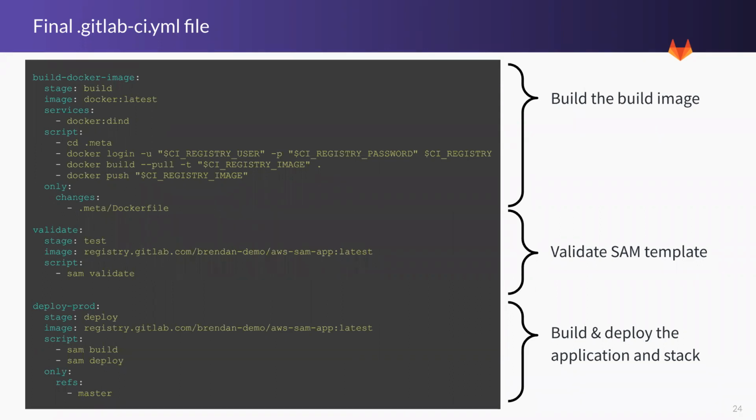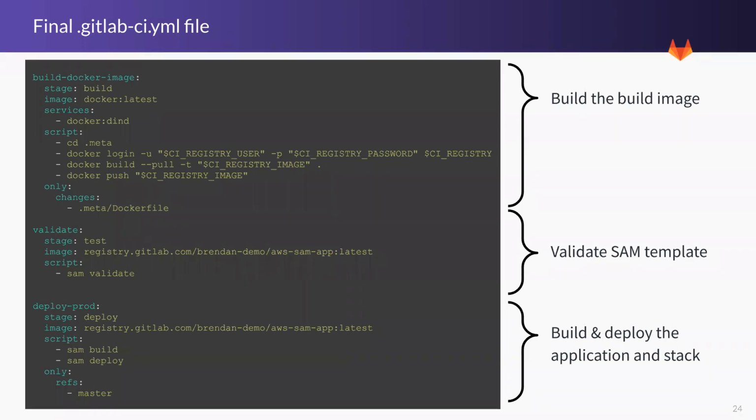So validate happens at the test stage, excuse me, and it uses the latest image from that registry file above. So this build is going to happen inside that Docker image that we created earlier on. And so it's going to have everything it needs. It's going to have the SAM CLI, Node, and Python ready to go.